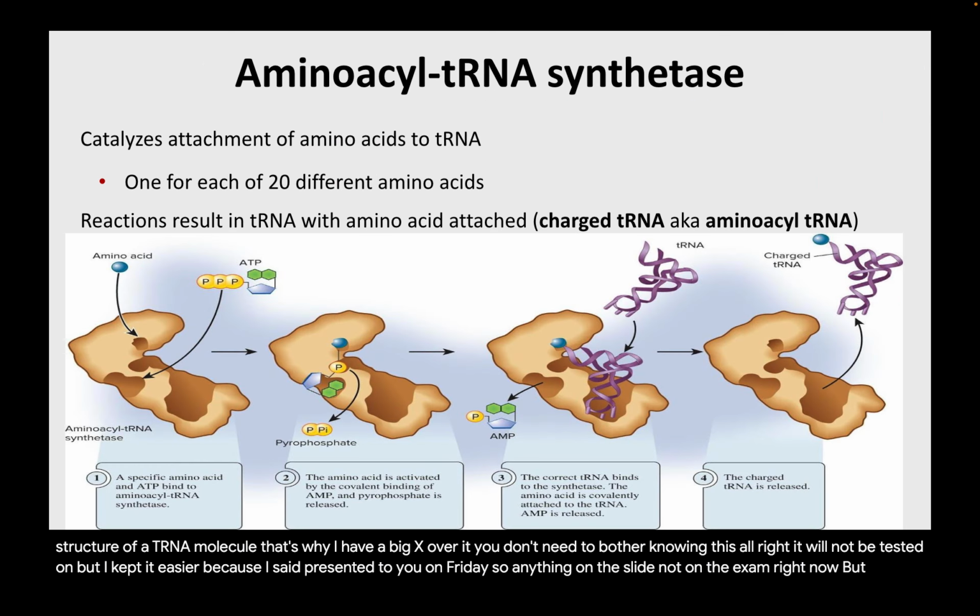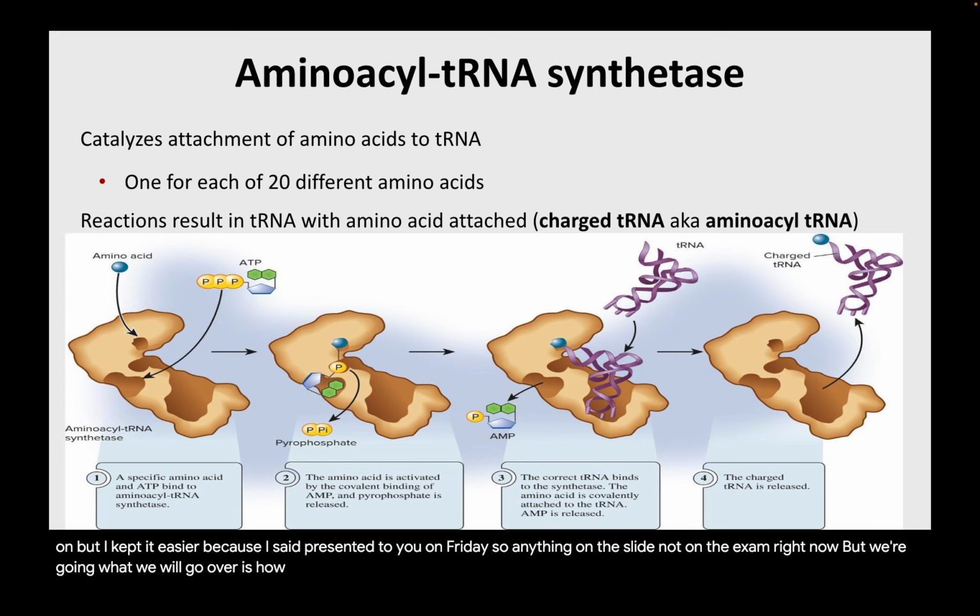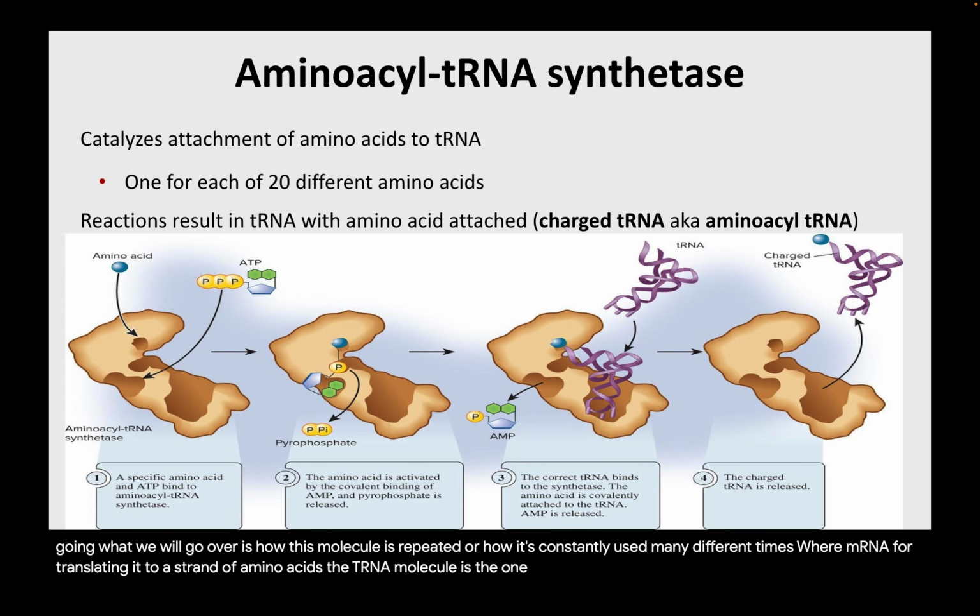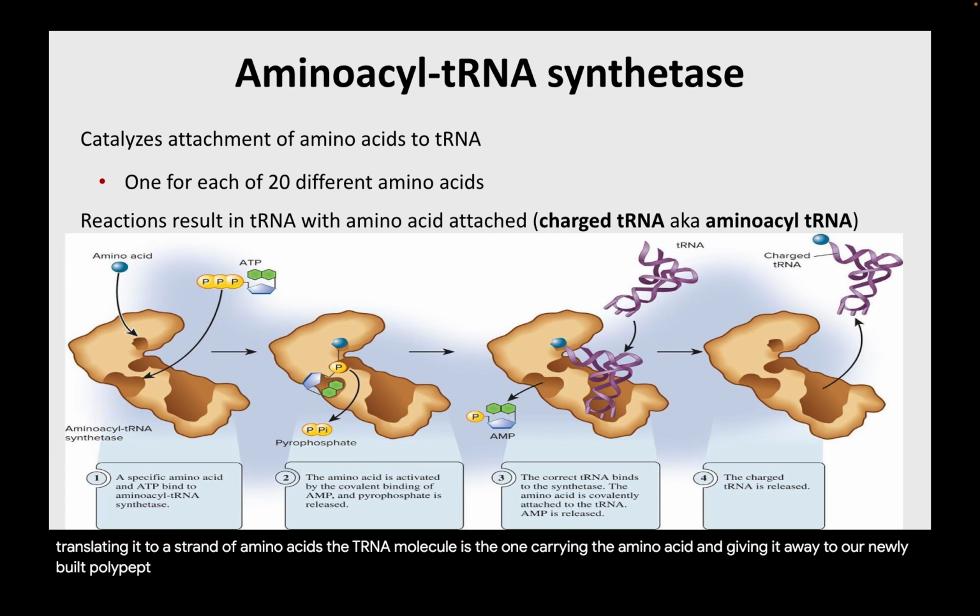But what we will go over is how this molecule is repeated, or how it's constantly used many different times. All right, we have our mRNA. We're translating it to a strand of amino acids. The tRNA molecule is the one carrying the amino acid and giving it away to our newly built polypeptide strand.